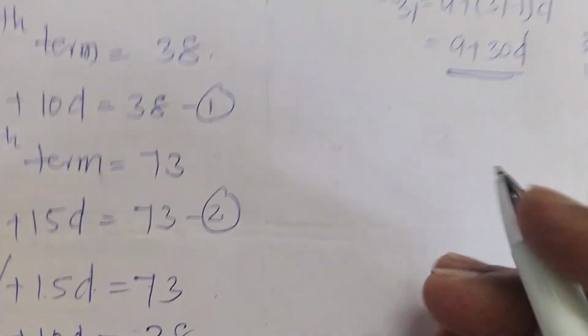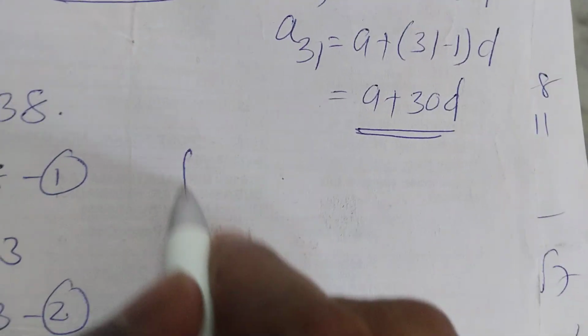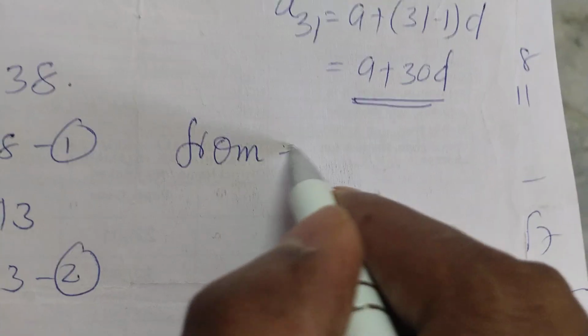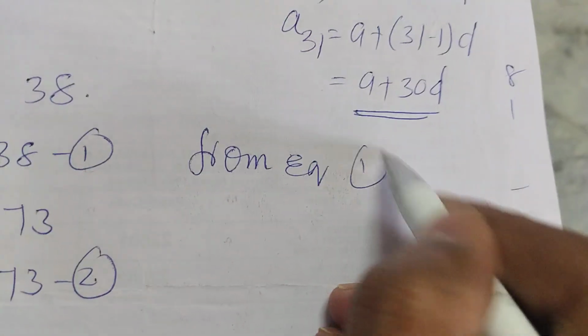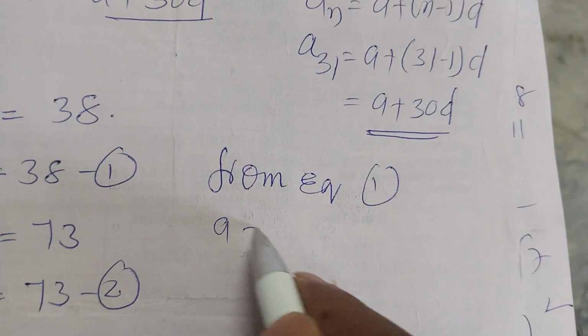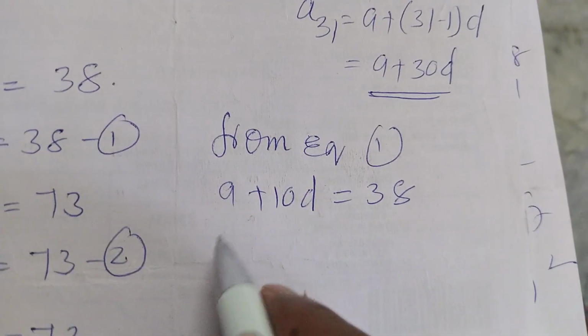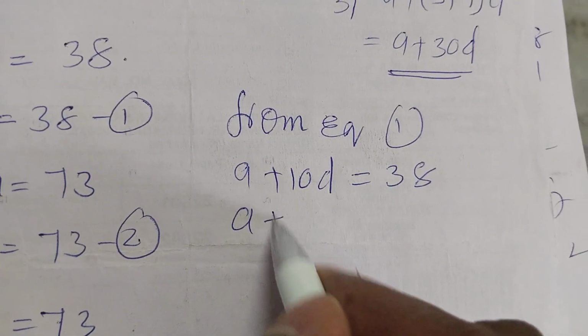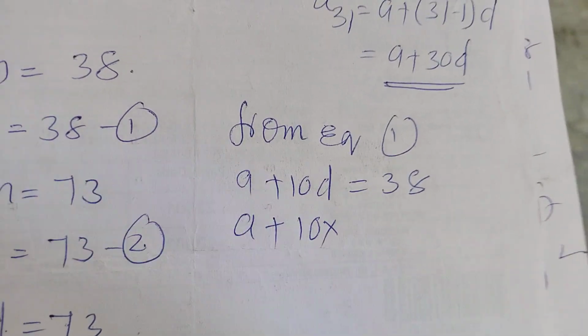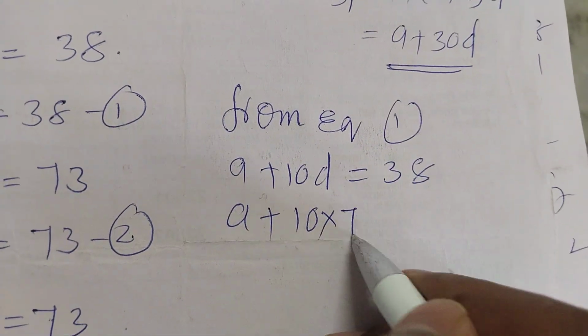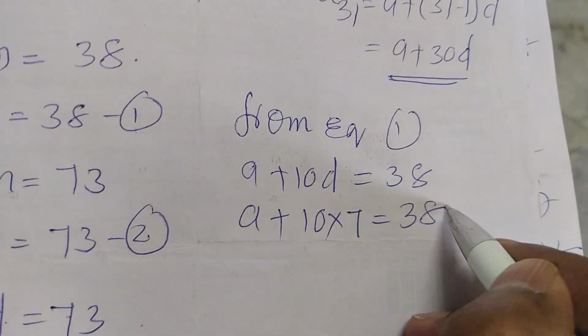Then from equation number 1, A plus 10D is equal to 38. Now we have to find the A value. A plus 10 into the D value we have, D is equal to 7, that equals 38.